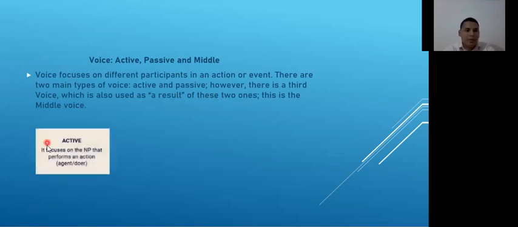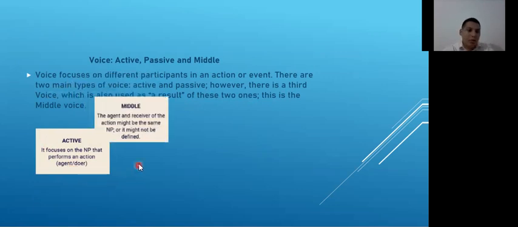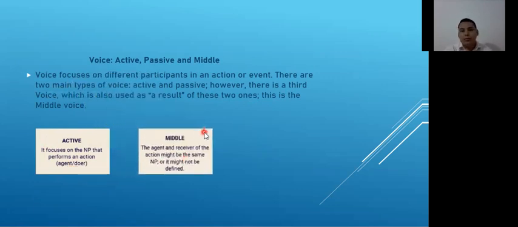Let's see little concepts of each one. Active. It focuses on the NP or noun phrase that performs an action. It's the agent or the doer of the action, which is different from middle. In middle, the agent and receiver of the action might be the same noun phrase, or it might not be defined.